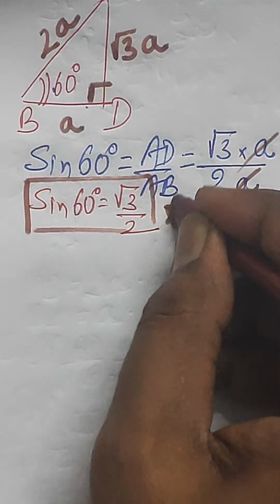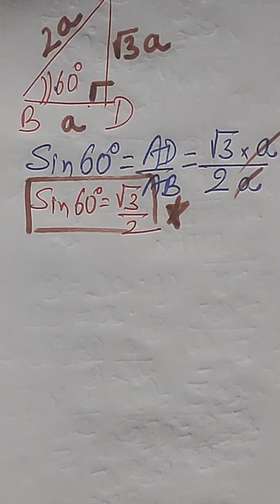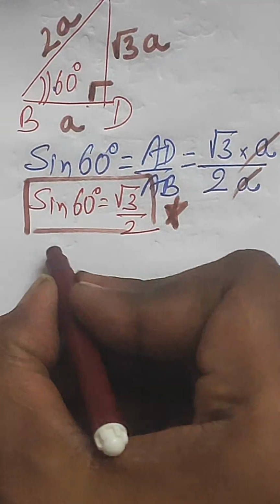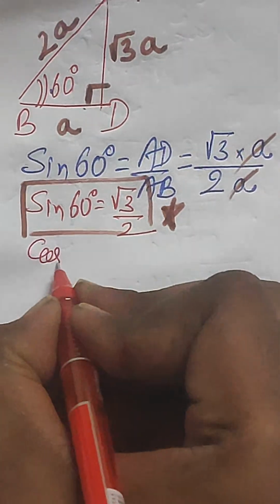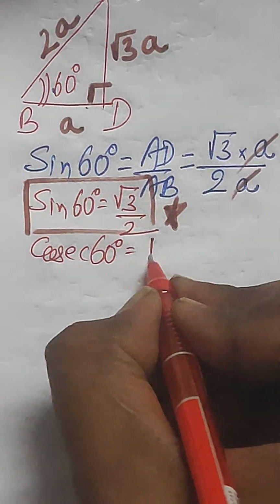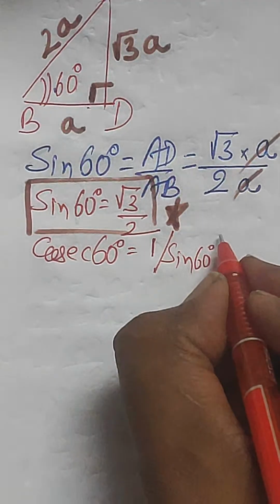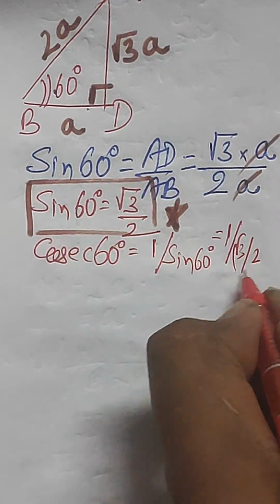That's perfectly fine. So if we have calculated the value of sine 60 degree, why don't you calculate the value of cosec 60? It's very easy. Cosec 60 is nothing but the reverse of sine 60. So 1 by sine 60 degree will be cosec 60. That means 1 by root 3 by 2.